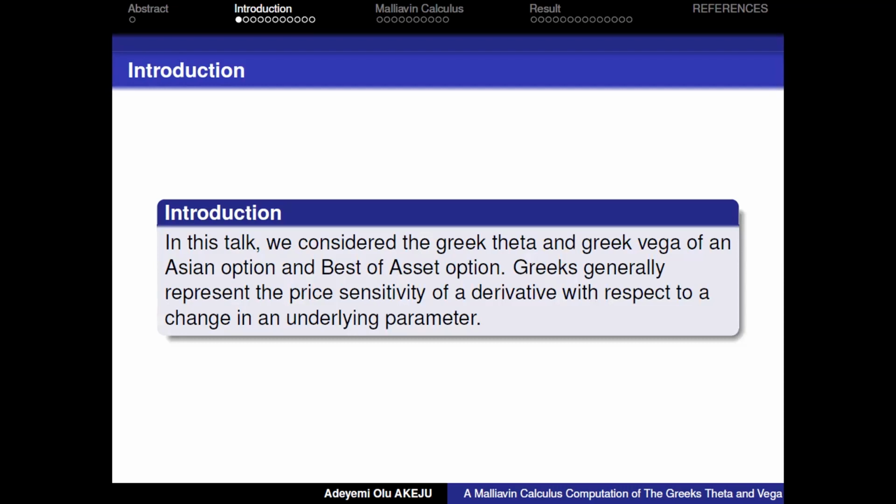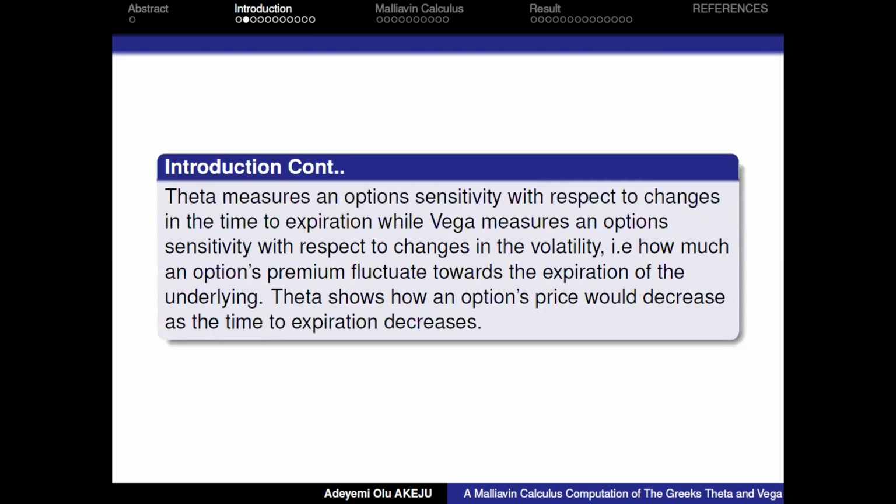So we say the Greeks represent the price sensitivity of a derivative with respect to changes in underlying parameters. So in this respect, since we are looking at theta and vega, for theta, the parameter we're looking at here is the time to expiration, the time, capital T, when the contract will terminate.